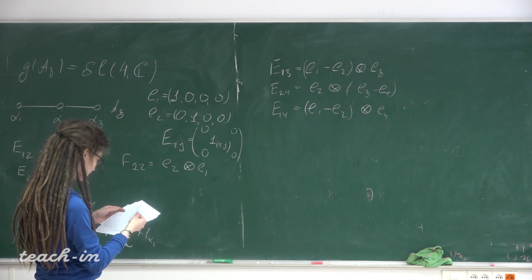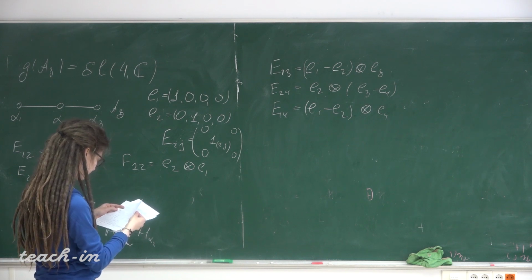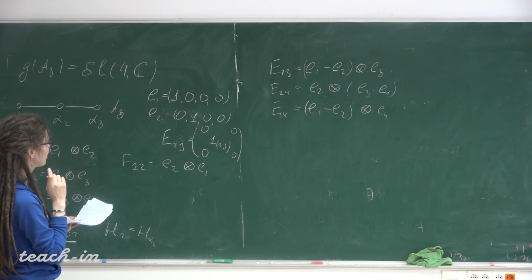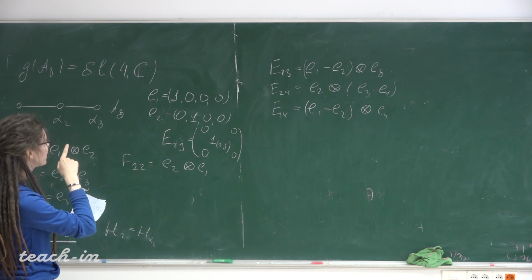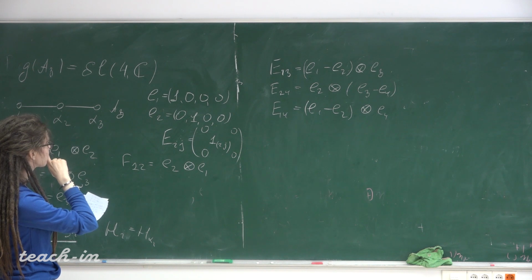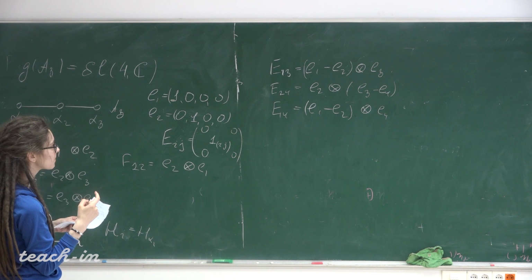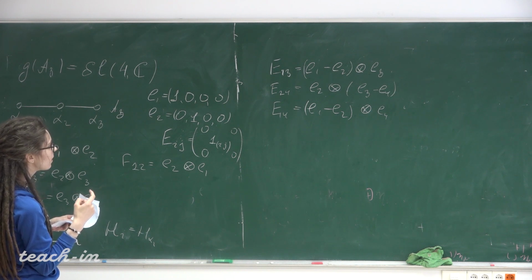I thought that E13 should be just E1 tensor E3. So E_ij is E_i tensor E_j. But why do you need this?